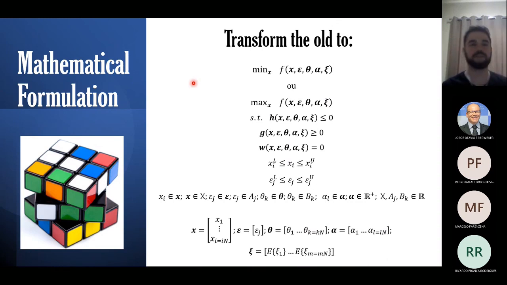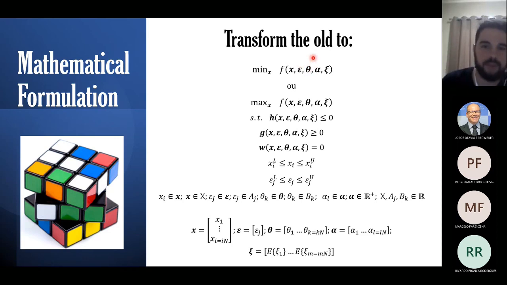Okay. So the first step here is the mathematical formulation. Basically, it is either a minimization problem or a maximization problem. So here, what is X? X is your vector of decision variables. Epsilon is your normal uncertainties. And I will talk about that later, why it is important to have normal uncertainties in your problem and in any problem.